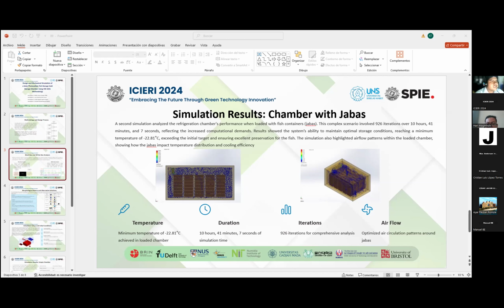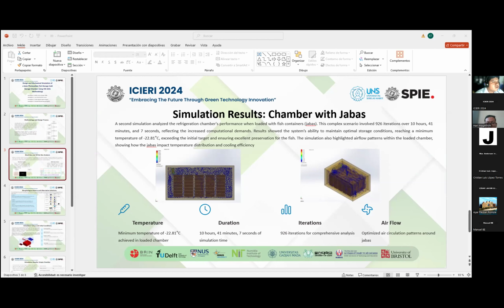Results show the system's ability to maintain optimal storage conditions, reaching a minimum temperature of 22.81 degrees Celsius, exceeding the initial target and ensuring excellent preservation for the fish.